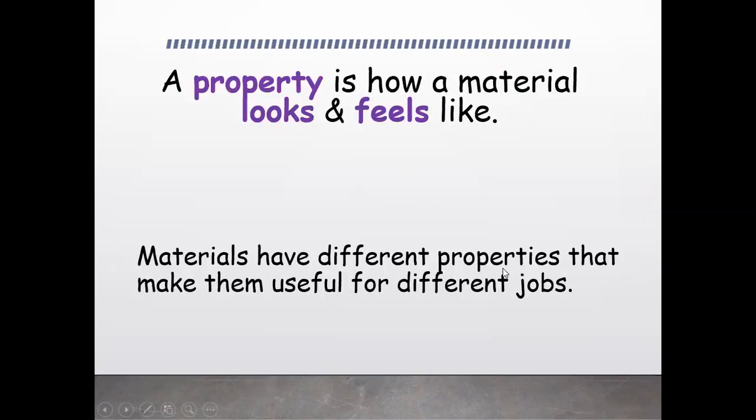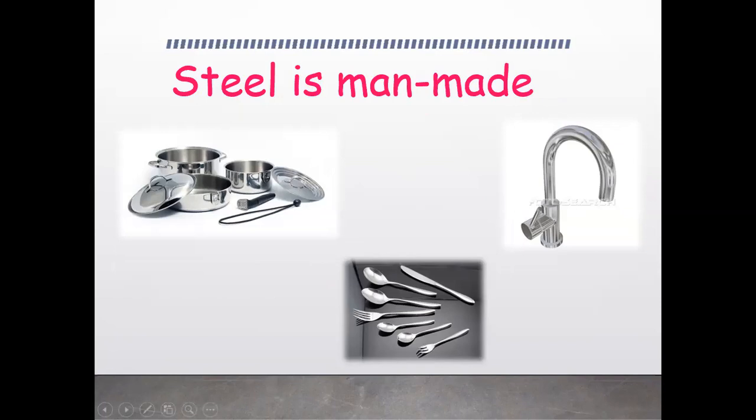Okay, so we took what it means by natural material, man-made material, and what it means by material from the beginning and its property. A material is the main thing that something is made from. Property means how it looks and feels.